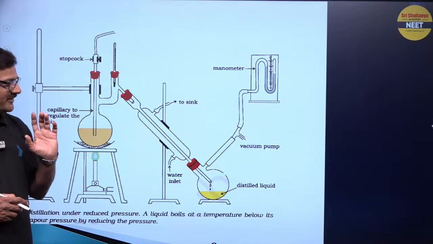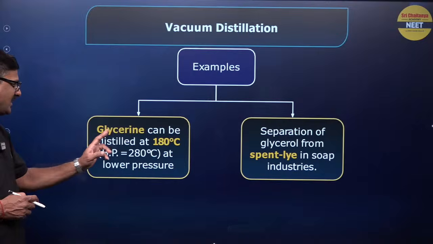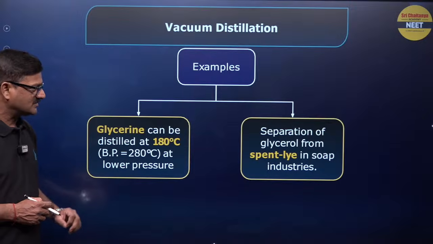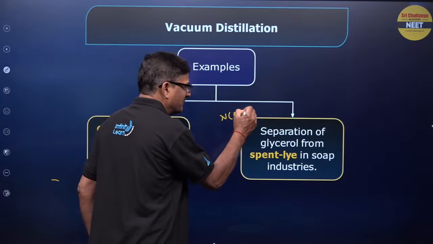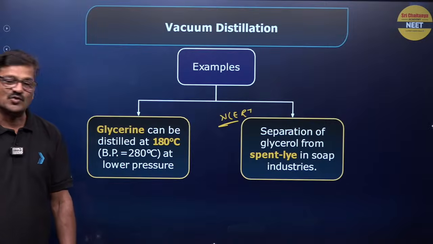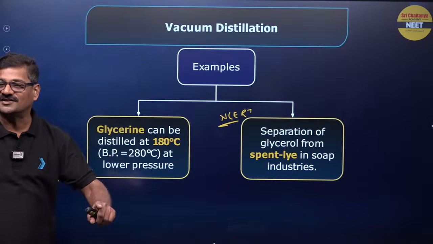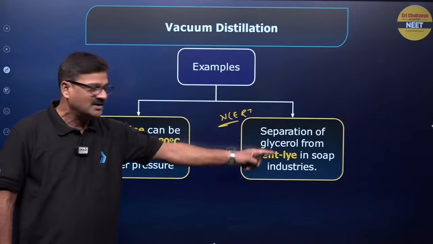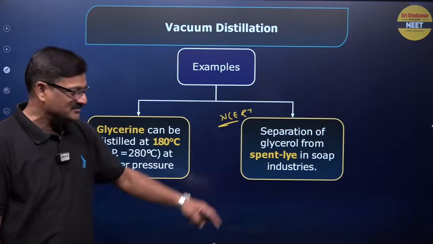And NCERT gives a very good question. In vacuum distillation, glycerin can be distilled at 180 degrees centigrade at lower pressure. This is the terminology given directly in NCERT. Separation of glycerol from the spent lye in the soap industry is done by using vacuum distillation, or distillation under reduced pressure, and the same statement is asked several times in various competitive examinations.